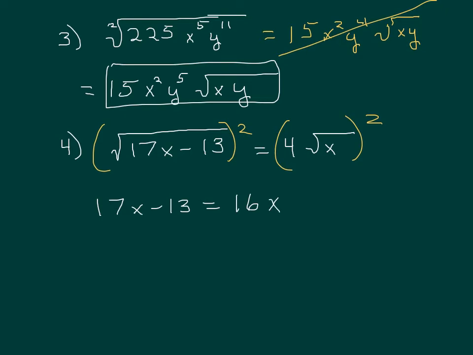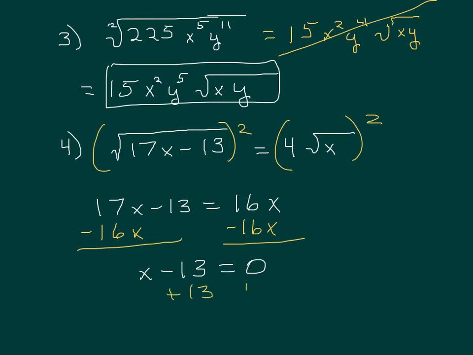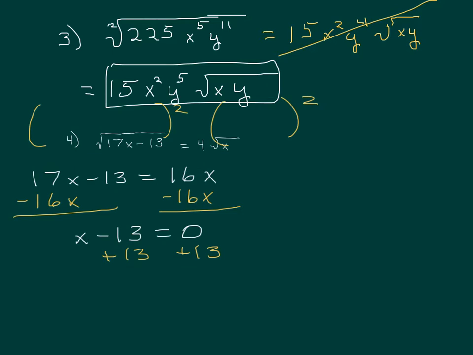So now we subtract 16x from both sides, and we're left with x minus 13 equals 0, and then you add 13 to both sides, and you get that x equals 13. And that is the correct answer.